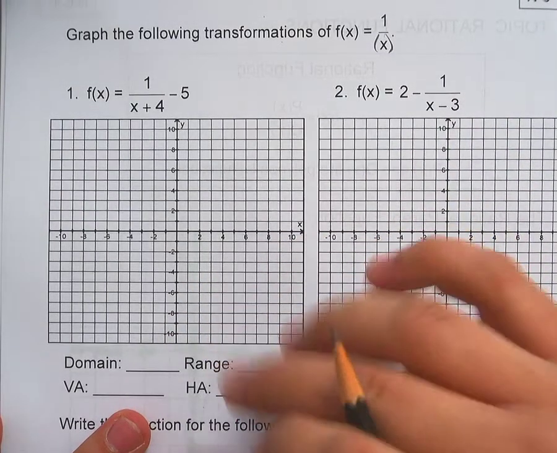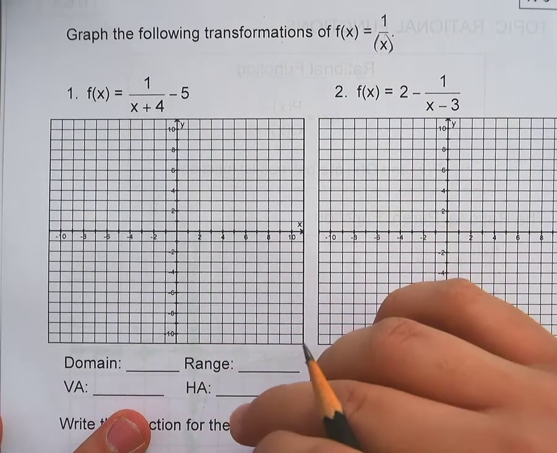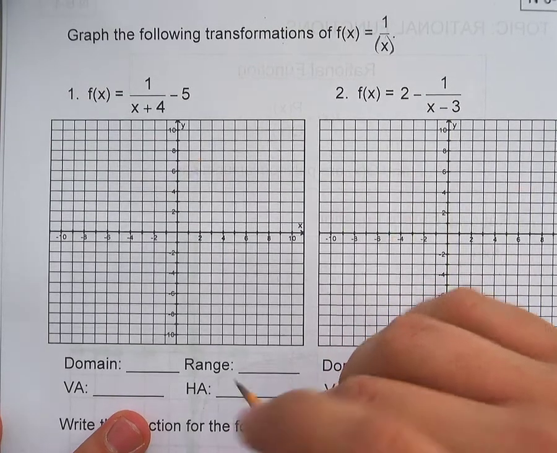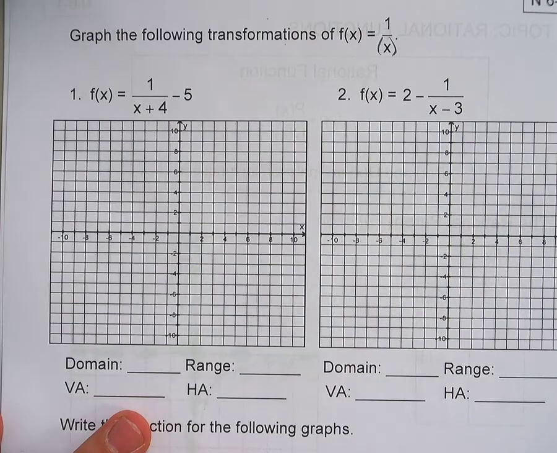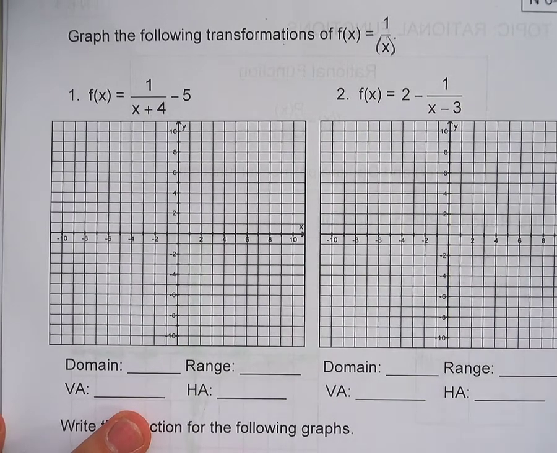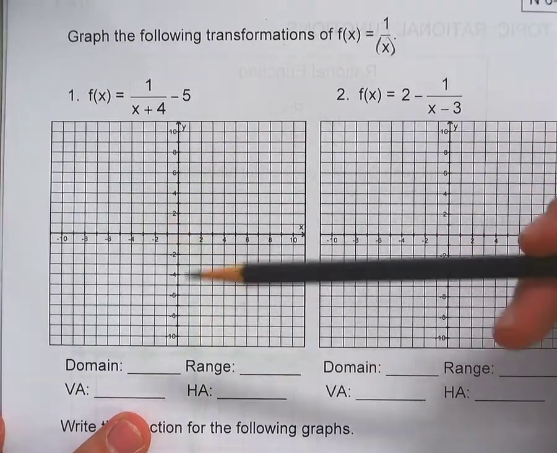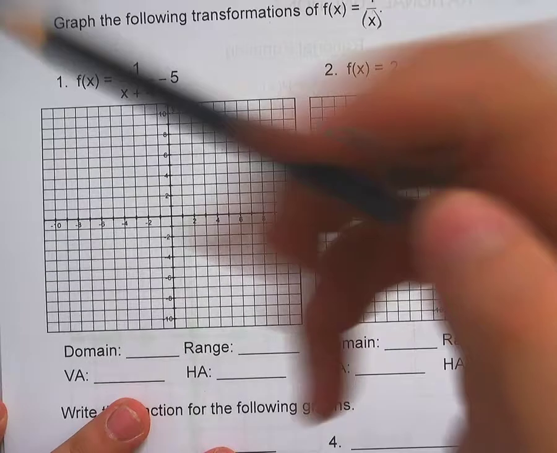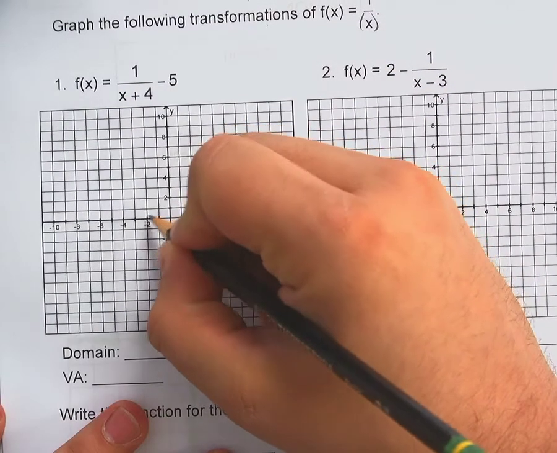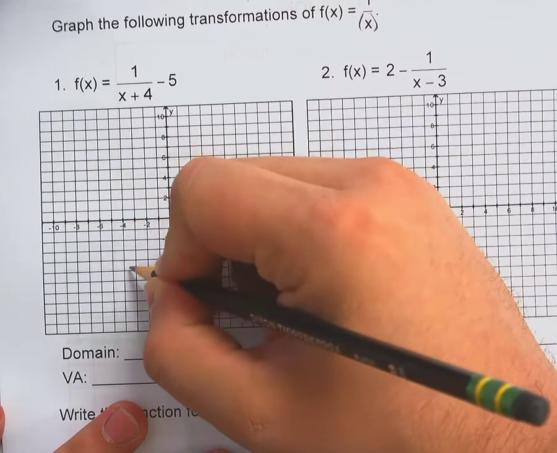So for this one, the big thing about these is picking out your asymptotes, right? So we're going right 4 and down 5. Excuse me, left 4 and down 5. Originally my asymptotes were the x-axis and the y-axis, right? But now, from 0, 0, I'm going left 4 and down 5.